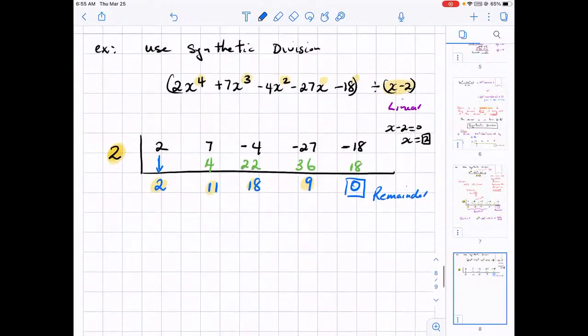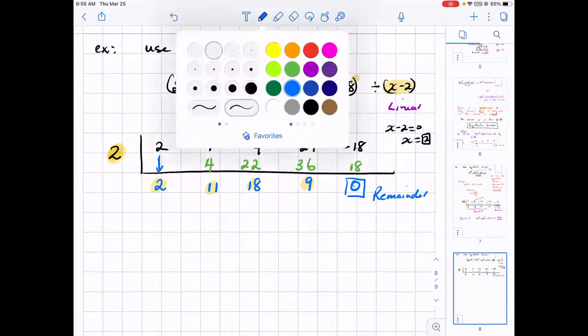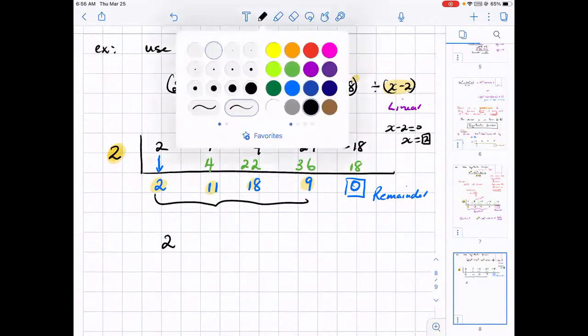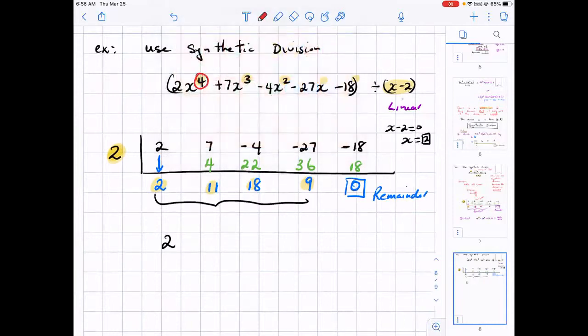So what we know is that this here is 2. Remember, the degree here was 4, so this becomes x cubed. So 2x cubed plus 11x squared plus 18x plus 9.